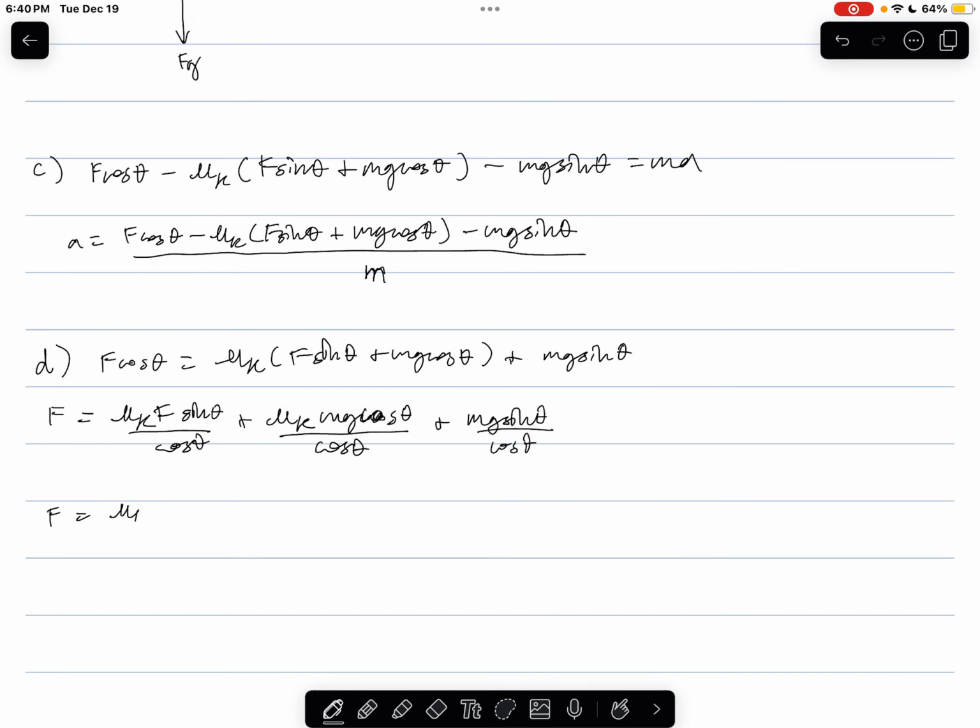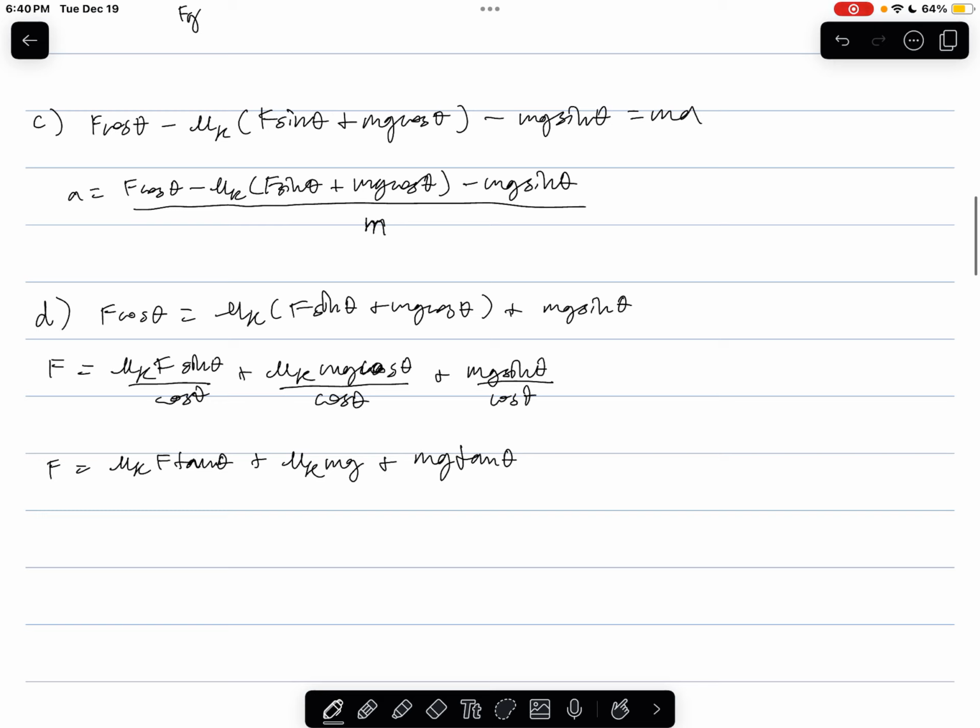So then F can be simplified into mu k F tan of theta plus mu k Mg plus Mg tan theta, but then you still have the F here, so you have to subtract that to the other side.